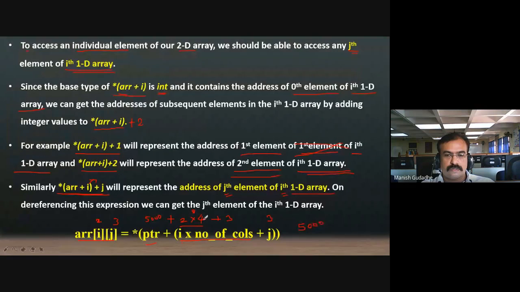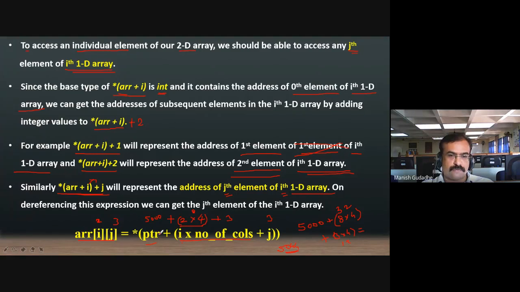So it will be 5,000 plus 8 into 4. What is this 4? The size of an integer. Plus 3 into 4. So this is going to return the address of the 2, 3 element. So 5,000, 8 into 4 is 32, 3 into 4 is 12, which comes out to be 44, so the address is 5,044.